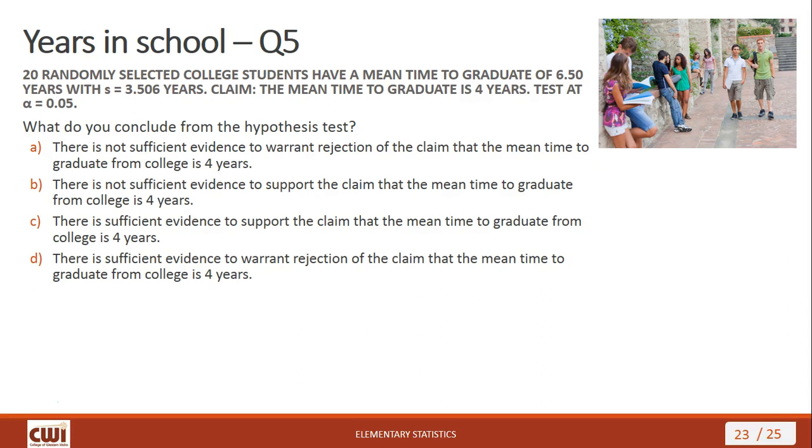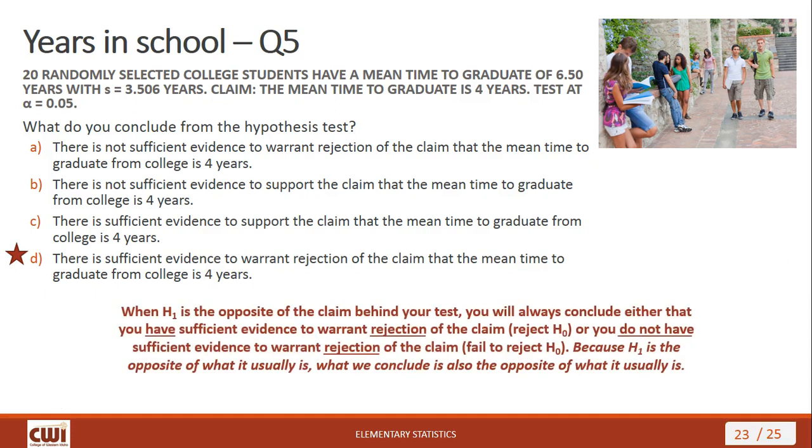Remember from the beginning of the problem, we determined that we had a two-tailed test. Therefore, we're going to look in terms of warranting rejection of the claim, and the correct answer option we select is answer option D. There is sufficient evidence because we rejected H0, and we're warranting rejection of the claim because we have a two-tailed test.